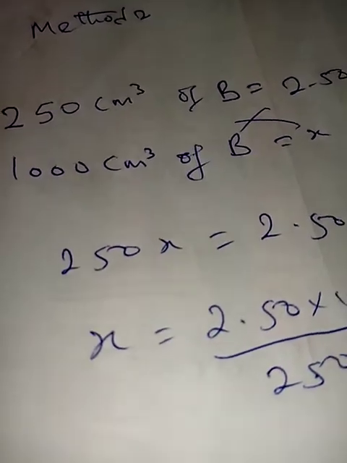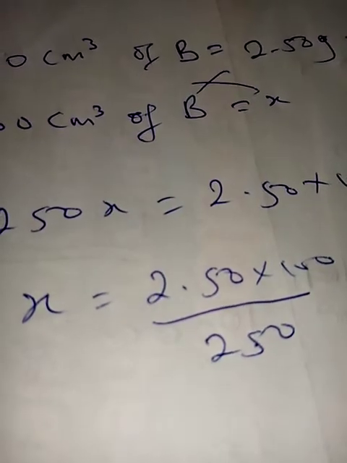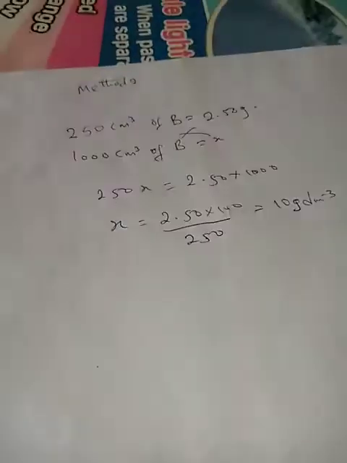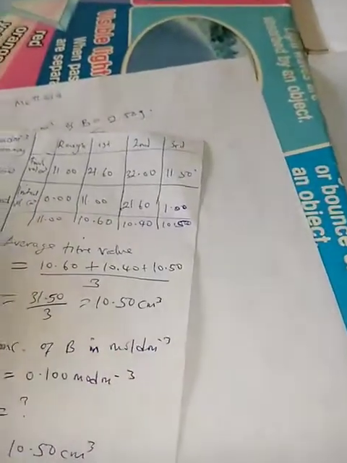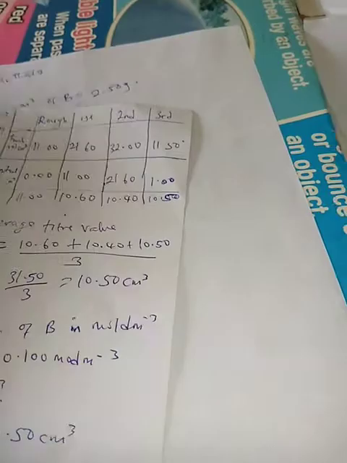So 10 grams per dm cube. Now you see that the amount of the mixture present in 1000 cm cube, or 1 dm cube, is 10 gram per dm cube. Now remember that this is for the whole mixture, Na2CO3 and Na2SO4.